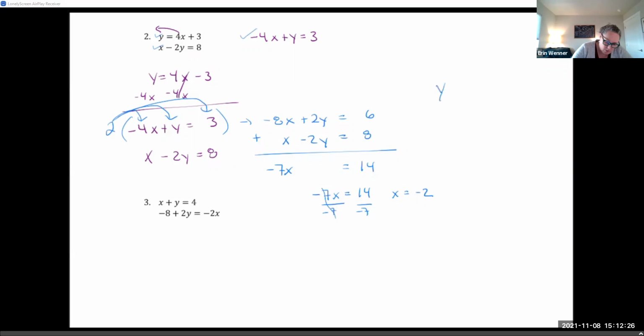So if I take y equals 4 times negative 2 plus 3, I get negative 8 plus 3, which equals negative 5. So then I have a solution of negative 2, negative 5.